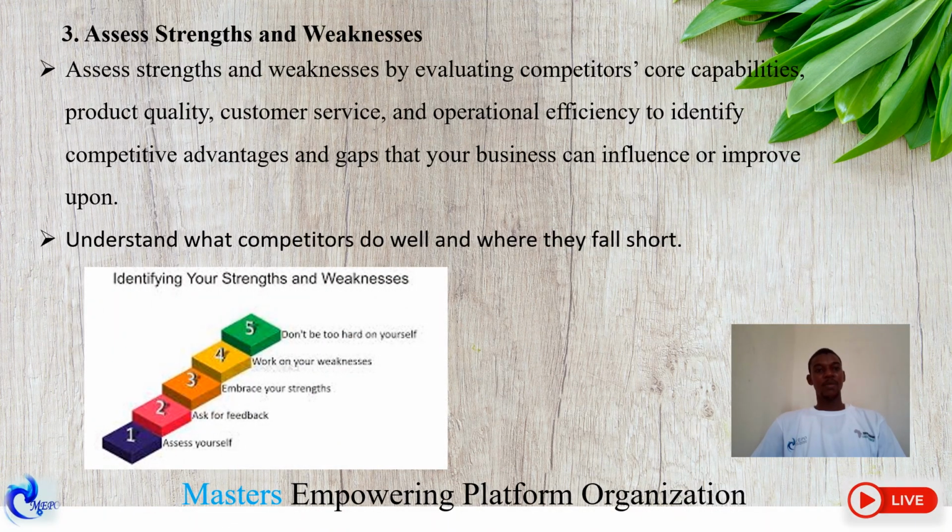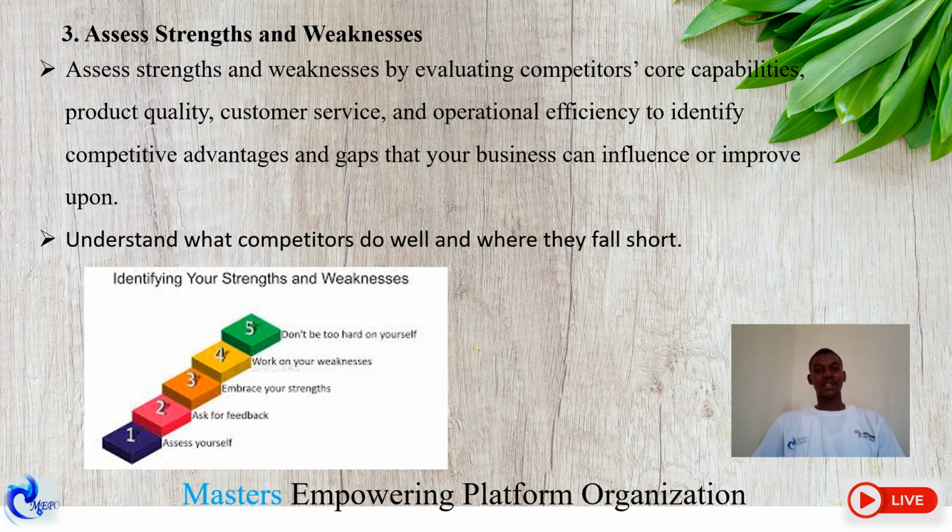The third one, let me take you to assessing the strengths and weaknesses. First of all, you need to know your weaknesses and strengths in your business. When you understand your weaknesses and strengths, you will be able to compete with your competitors, and also understand the weaknesses and challenges of your competitors.